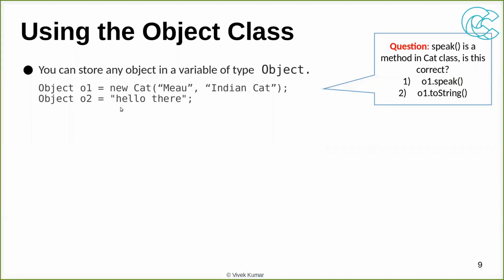In the second example, you can use Object to refer to a String, because String is also a class, and by default it has inherited from Object. So you can also have this notation. Sir, the main class in which we usually code is always a subclass of the Object class? Right, any class that you create by default becomes a subclass of the Object class.